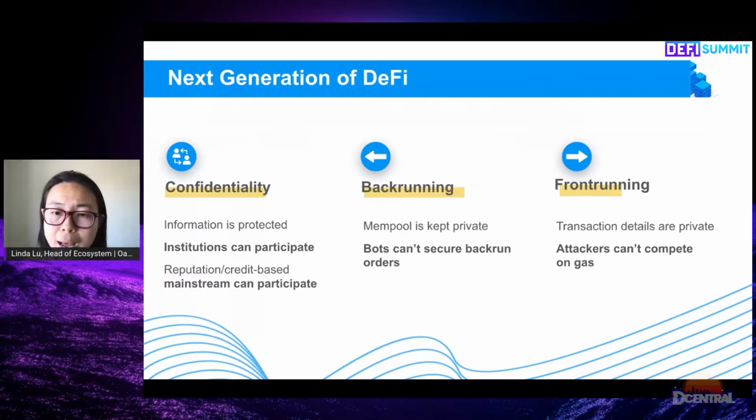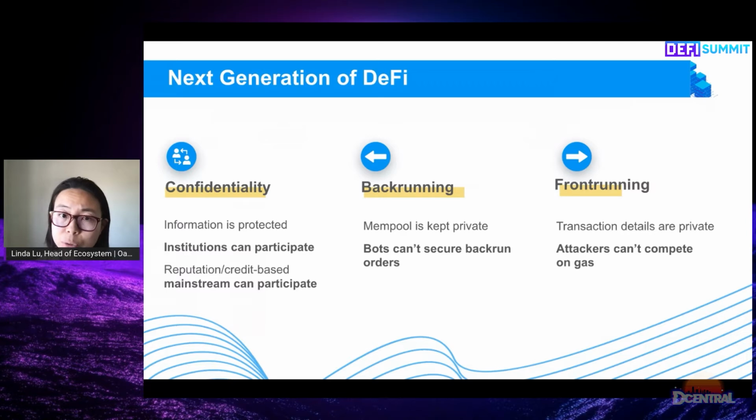Besides the issue faced by the mainstream population, even for traders, the current DeFi 1.0 is not perfect. We have back running and front running, because everything is wide open on the ledger. So how can we bring in confidentiality so we can have that protection?